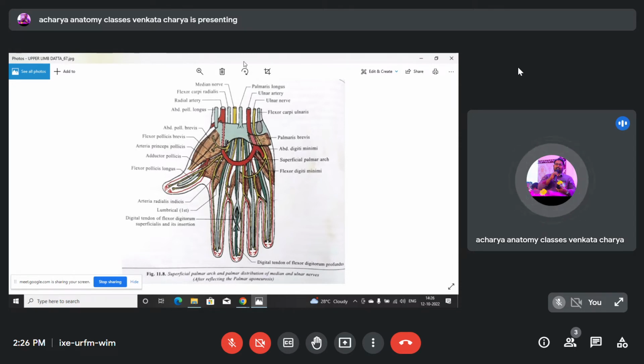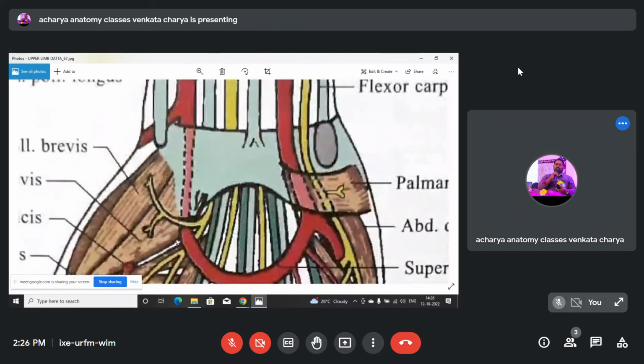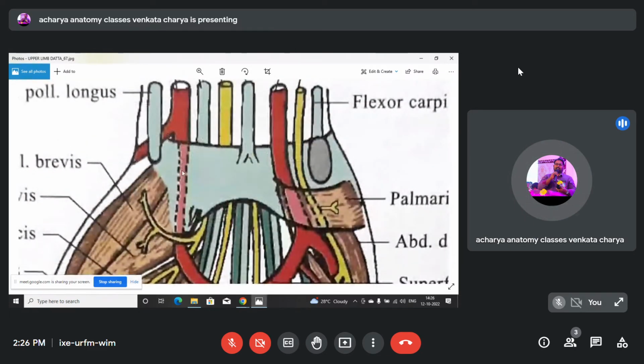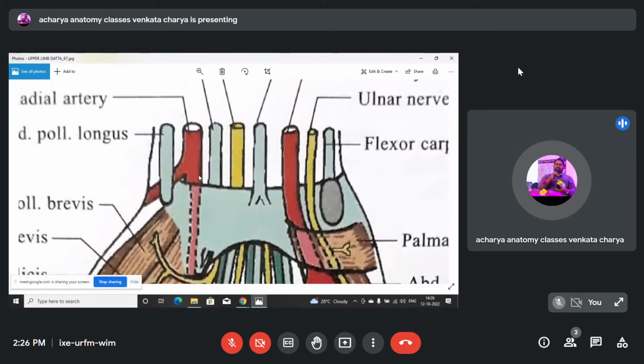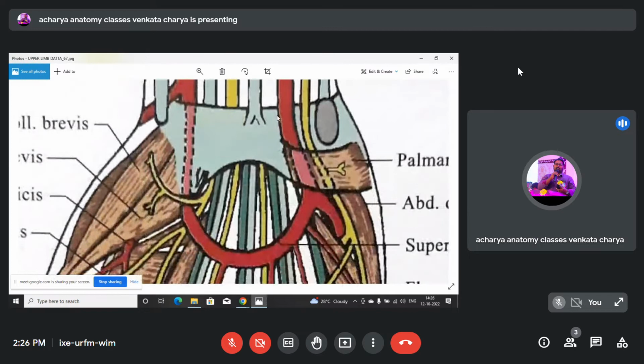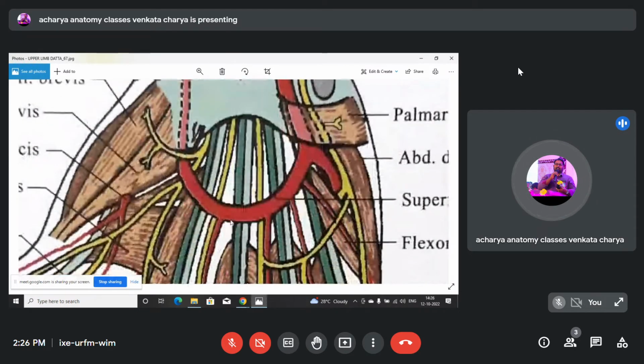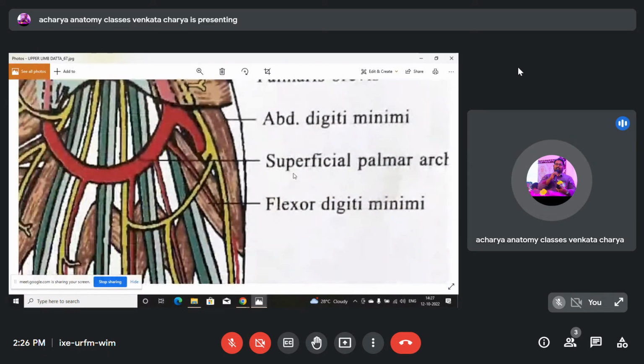Observe this diagram once. See here, this one is the superficial branch of the radial artery. And this one is the superficial branch of the ulnar artery. Both unite to form an arch. This arch we call the superficial palmar arch.